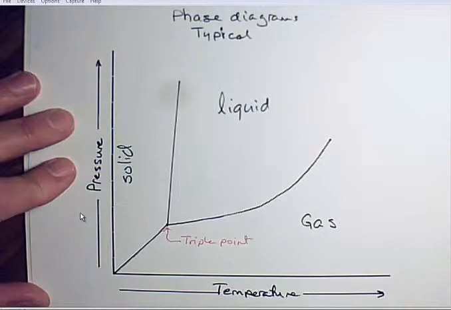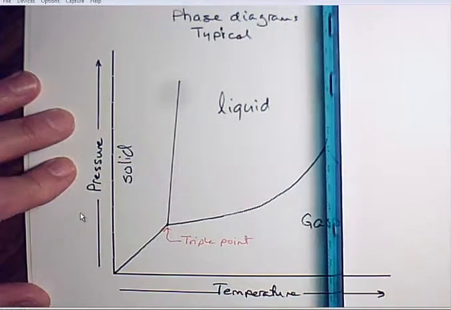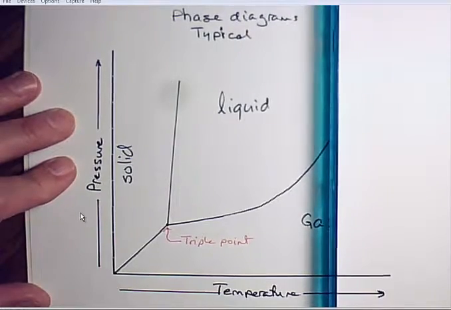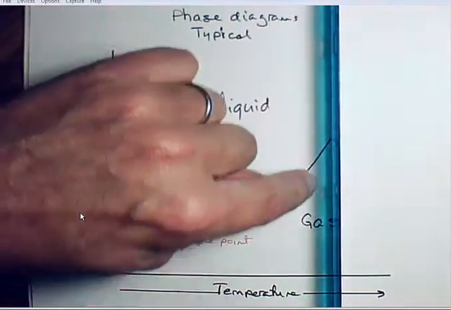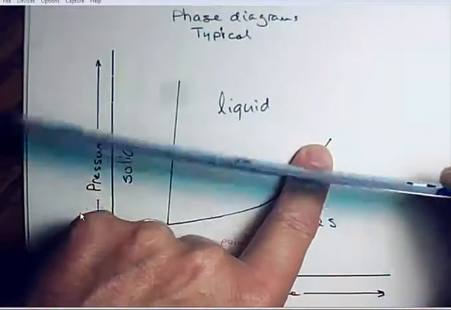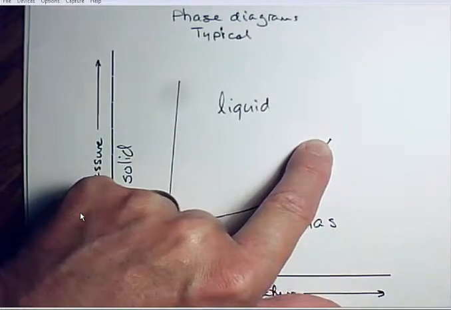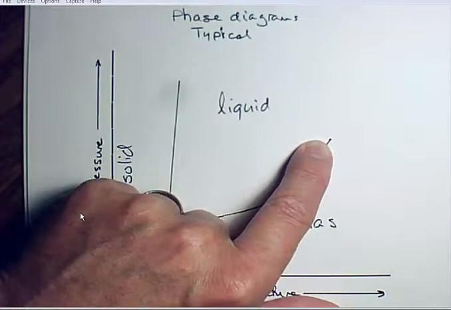Now, as we increase the temperature, we're going to go in this direction. The temperature's on the x-axis, so along this whole section, there's a point at which the temperature becomes so high that no matter how much pressure we put it under, the substance no longer is actually a liquid anymore.